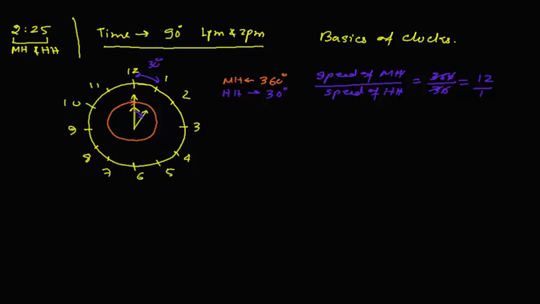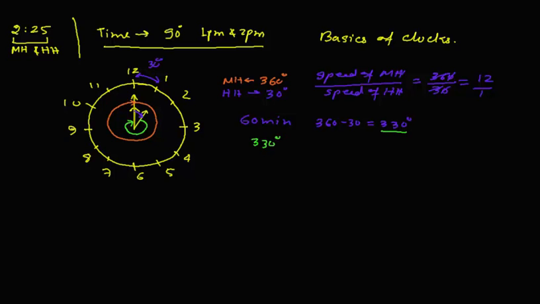Now moving ahead, since most of the questions are asked about the angle between the hands, we have to take the relative angular distance between the minute hand and hour hand. So I can say in 60 minutes, the minute hand gains 360 minus 30, that is 330 degrees. I am basically talking about this green part, which is nothing but 330 degrees.